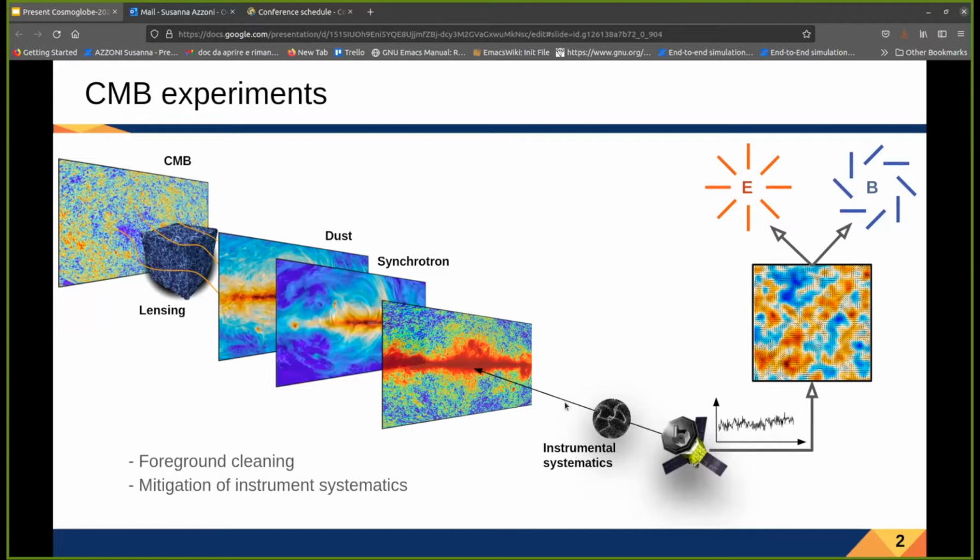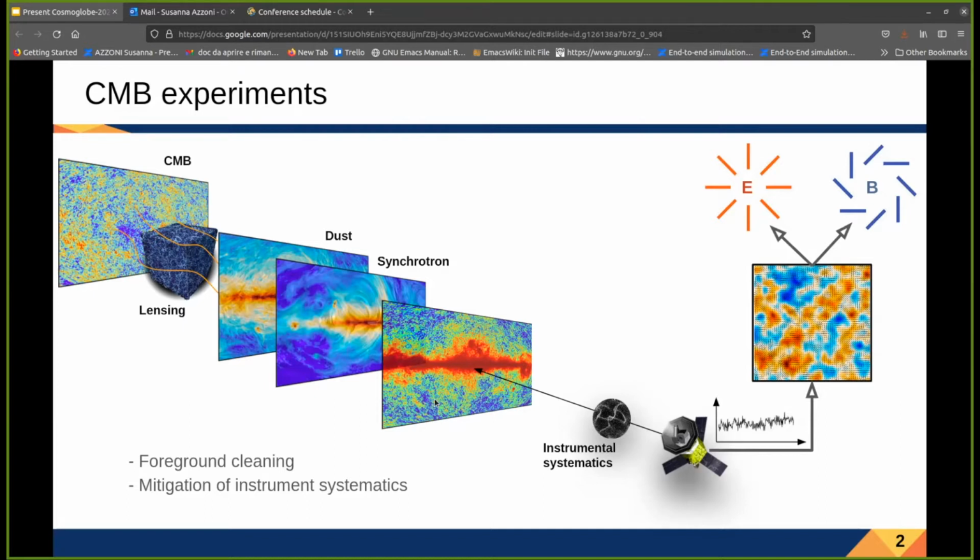And this signal is then received at the detector in the form of time-ordered data, from which we reconstruct clean maps of the sky that we can analyze to extract the polarized CMB signal and then extrapolate the cosmological information from this. And given the presence of these systematics, it's difficult to detect the low amplitude, large scale CMB modes, especially given the increased sensitivity of the new generation of CMB experiments.